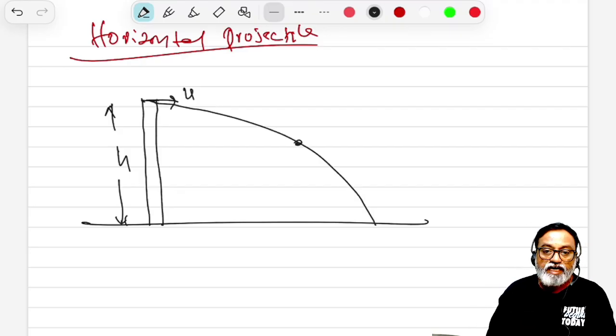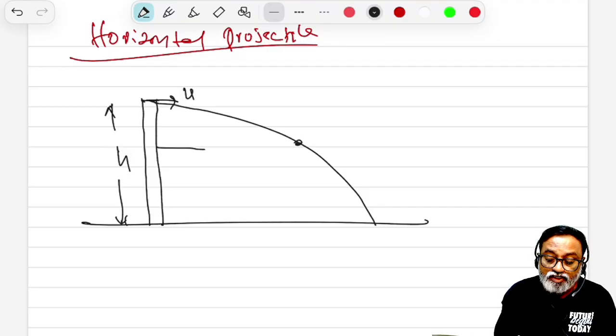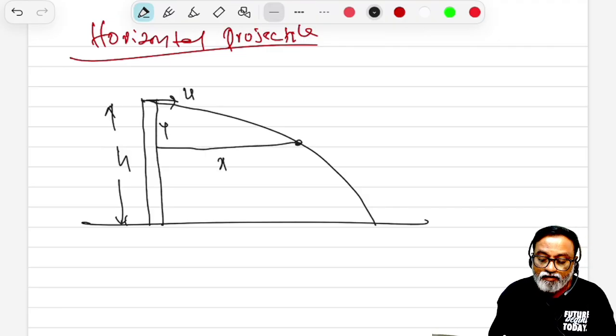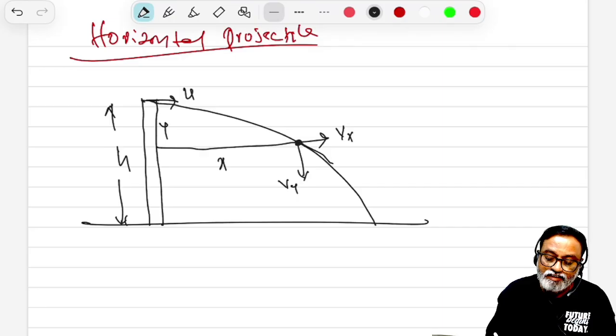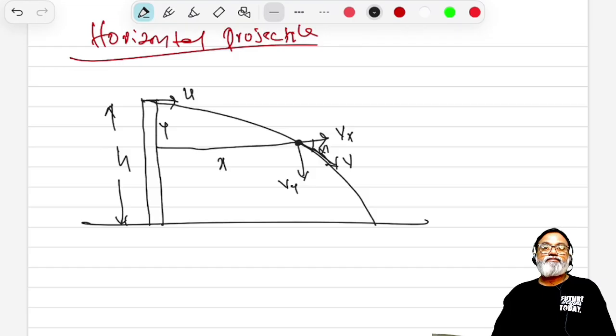For example, after time t, its horizontal displacement is x, vertical displacement is y. Here, horizontal velocity Vx, and this one is Vy, and this is the net velocity V. Here I am taking alpha.